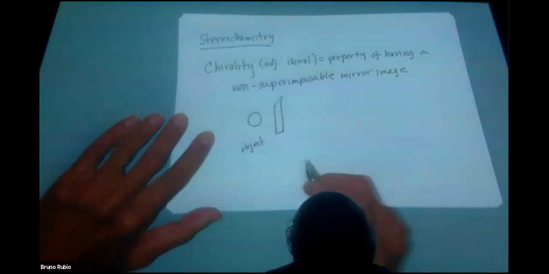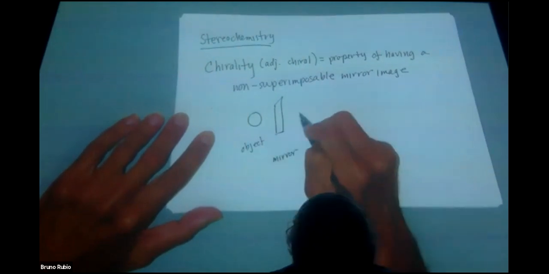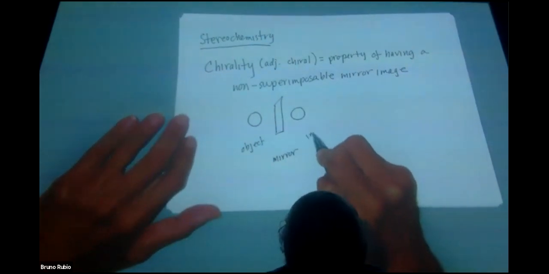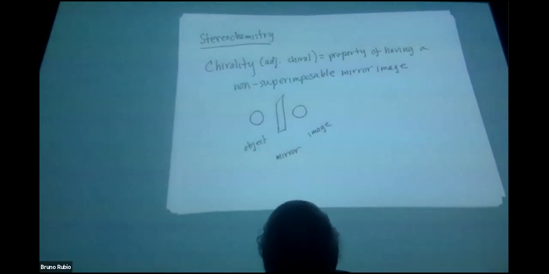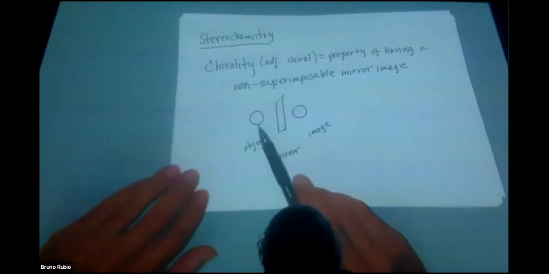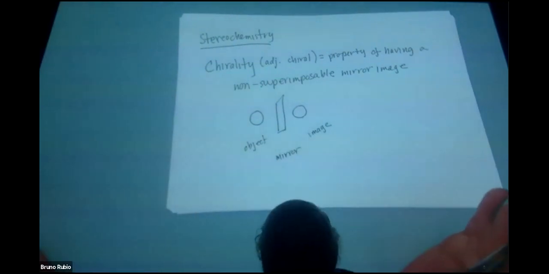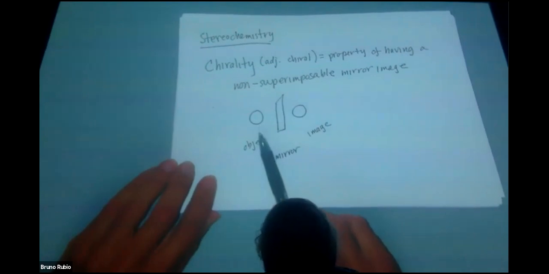That's the mirror. And this circle looks at itself in the mirror and it sees that, right? So this is the object and this is the image. So is a circle chiral? Does it have a non-superimposable mirror image? Oh, heck no. I can pick up this object and lay it on top of this image and get everything to match up. So this thing is not chiral.